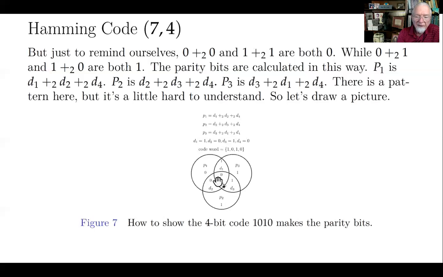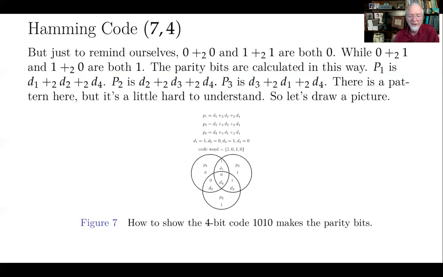If you have D1, it's a 1. If you have D2, it's a 0. D3 is a 1. So if you add these up this way, P1 gives you a 0, P3 gives you a 1, and P2 gives a 1. So you have 3 parity bits and the 4 data bits, and those give you ways to correct your code being sent.